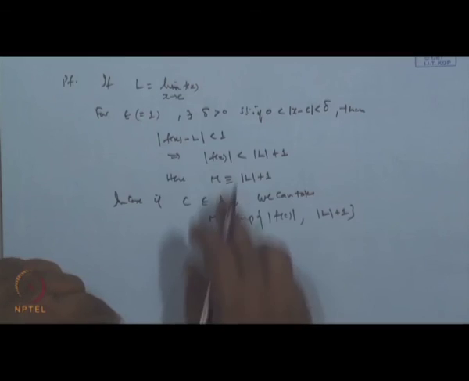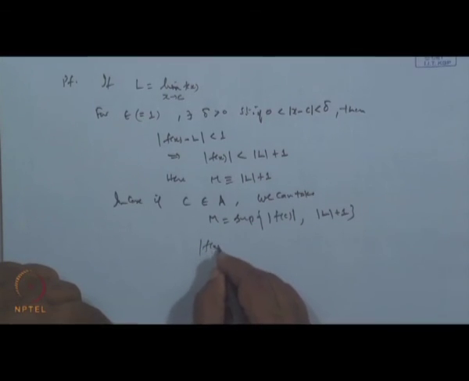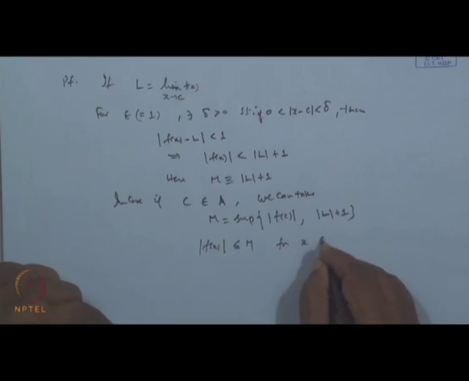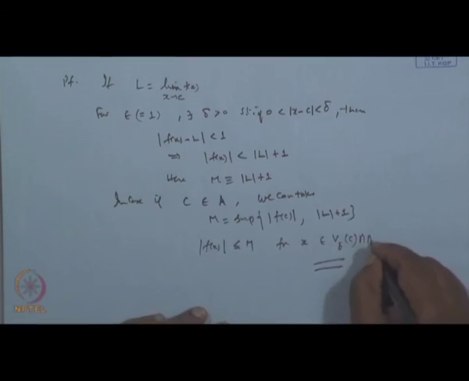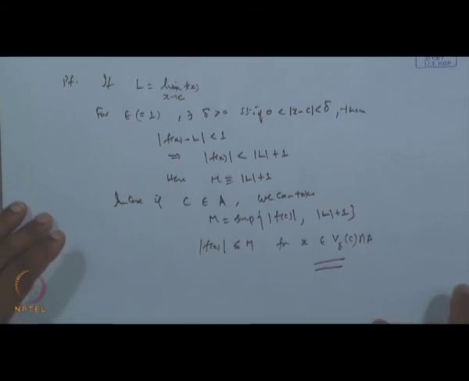If I choose this, then the function f x will satisfy this condition for all x in some neighborhood of c intersection A. So, this will prove the result.